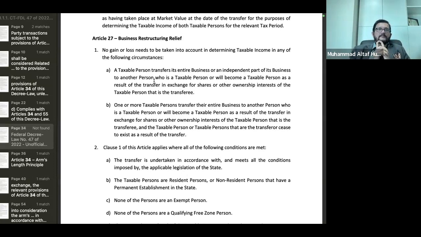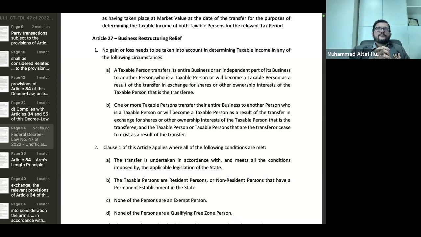In the case of one investment company which was actually listed on ADX, we did this. Their entire assets as well as entire liabilities were transferred to another person, and proper board resolutions were passed. We drafted the resolutions, everything, right?